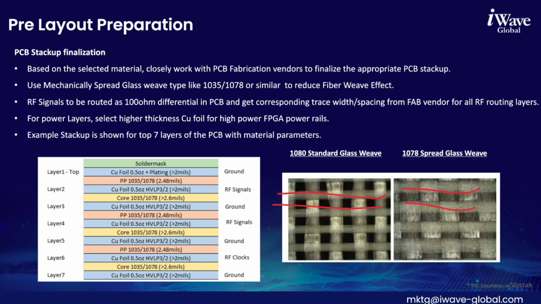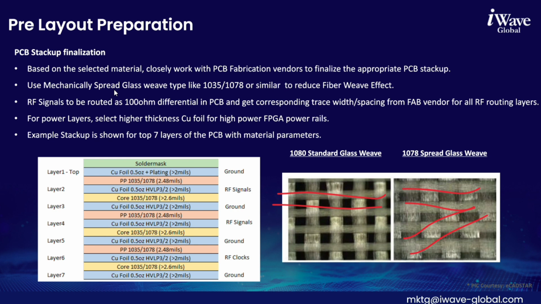Also, to further improve the signal performance, it is recommended that in the final panel design, we rotate the panel by 10 degrees, so that even if there is a mismatch, it can match the stable Dk and Df performance.